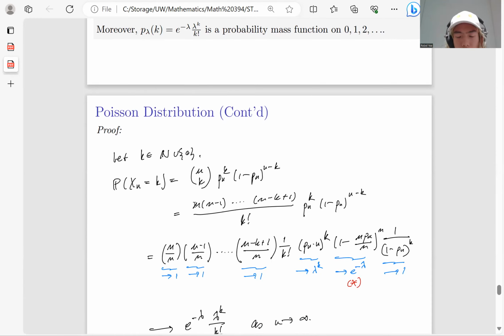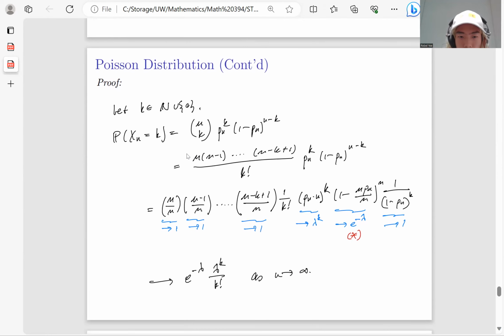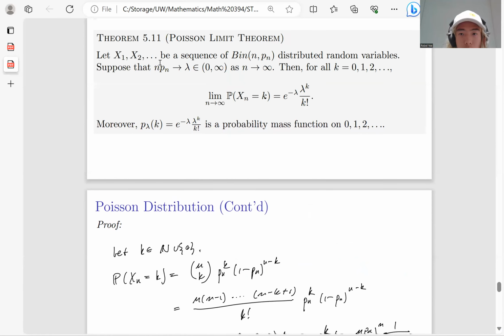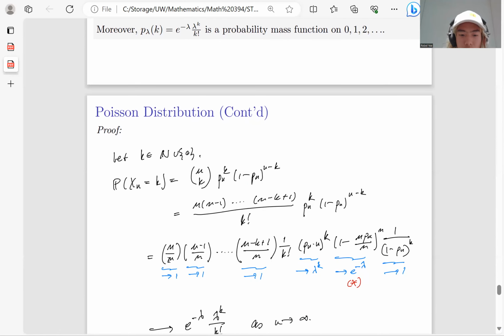So we can see this term is reduced, and obviously when n goes to infinity, n divided by n is 1, and n minus 1 divided by n also goes to 1.